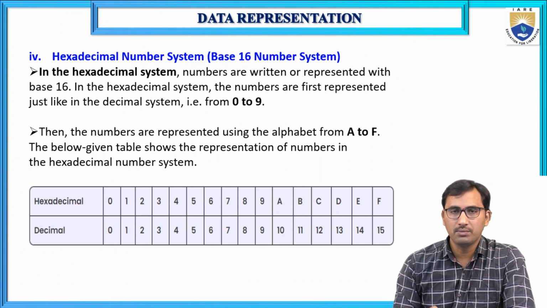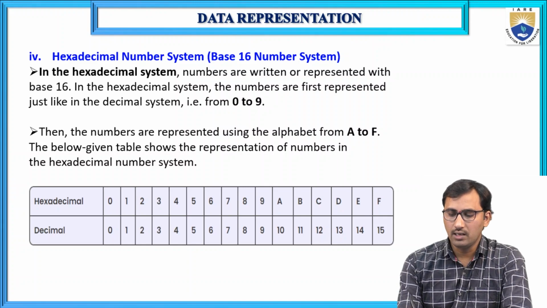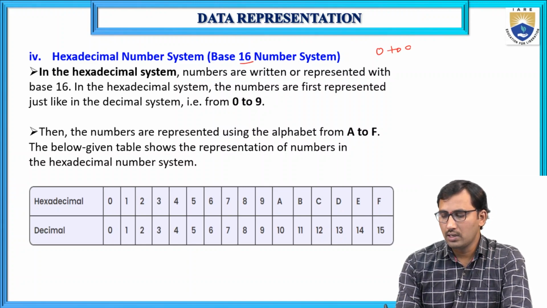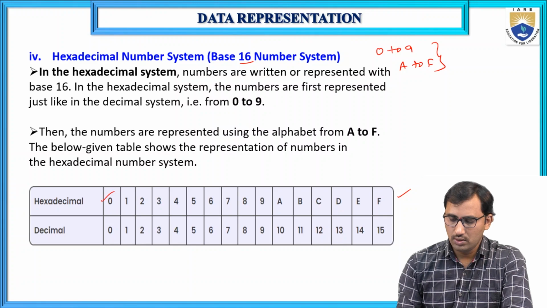And coming to the hexadecimal number system. In the hexadecimal number system, the base is 16 and its numbers are from 0 to 9 and A to F. So these are the hexadecimal numbers. Here you can see 0 to 9 and A to F, and the corresponding decimal numbers are 0 to 9.